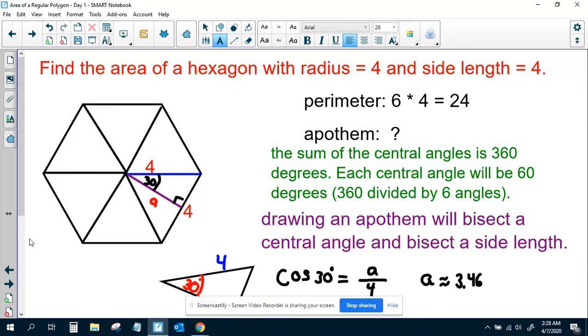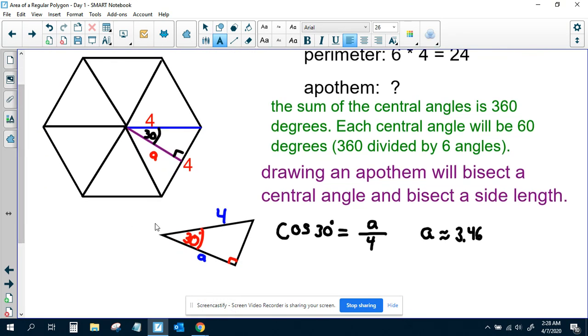So if we were to pull out that triangle that we just made by dropping in the apothem, this is what we'd have. This triangle right here. There's our 30-degree angle. There's our apothem. And this is the radius.